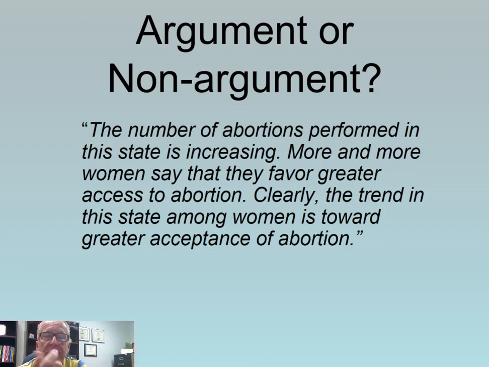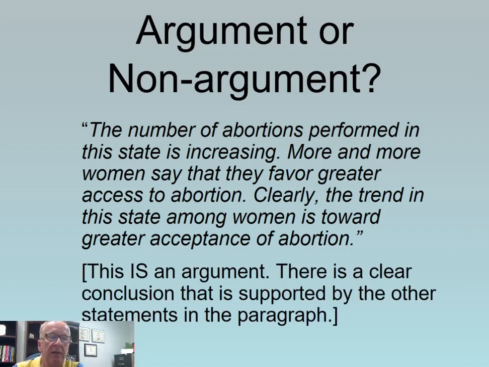Now let's look at the premises. The number of abortions performed in the state is increasing. Does that support the conclusion? The second premise, more and more women say they favor greater access to abortion. Does that support the conclusion? Both of them do, and the conclusion is clearly stated. So yes, this is an argument because all of the other statements are supported by each other.